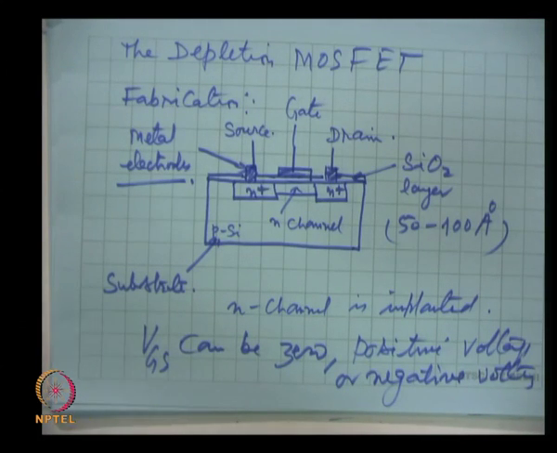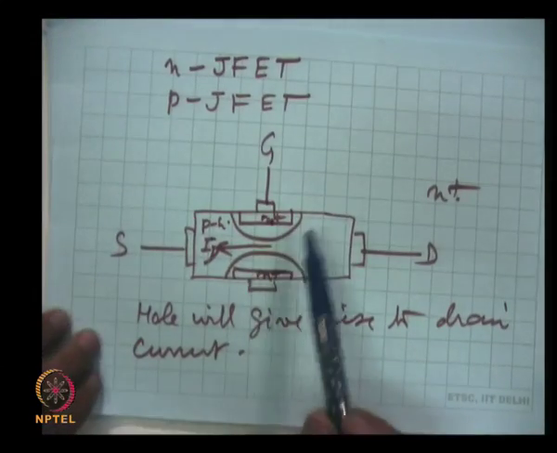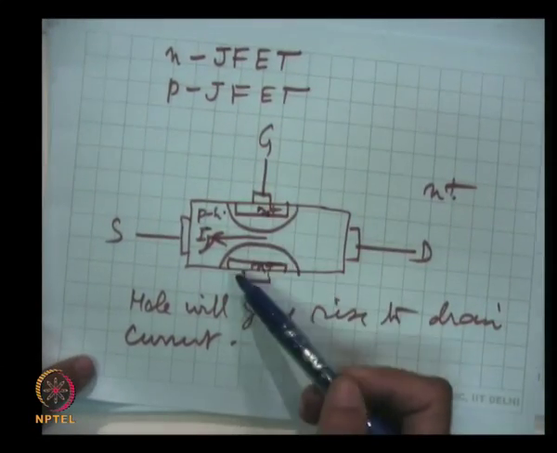Why do we not operate a junction field effect transistor with a positive gate voltage? This was a JFET, this is of course P type, but it is all right.